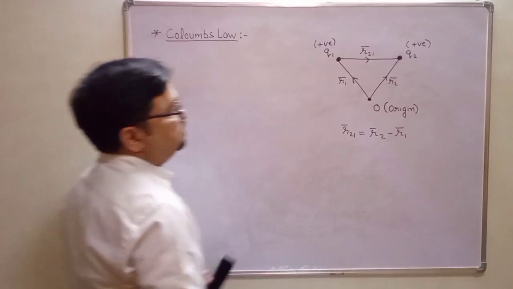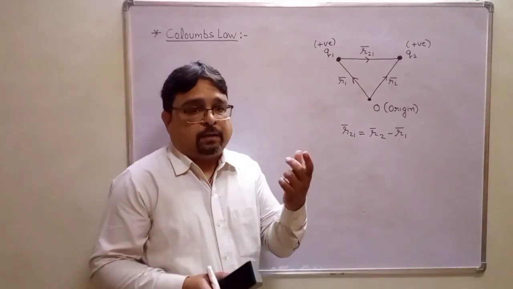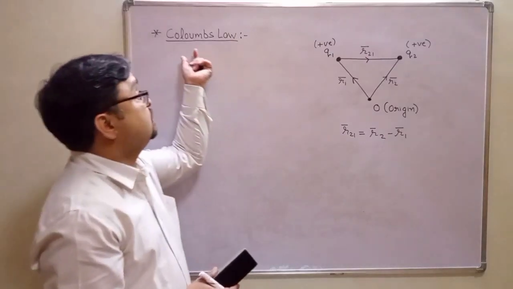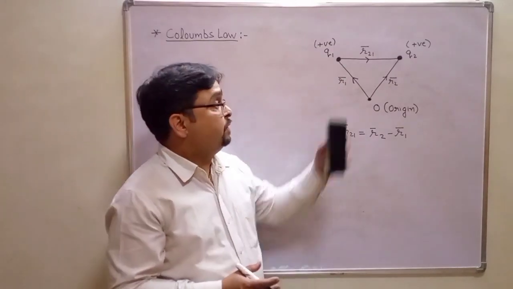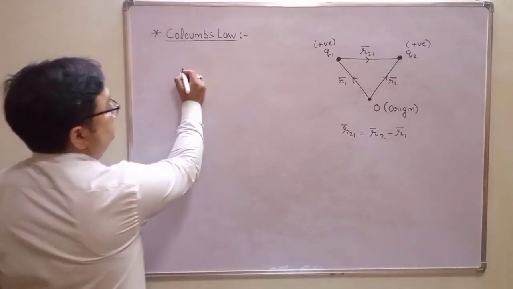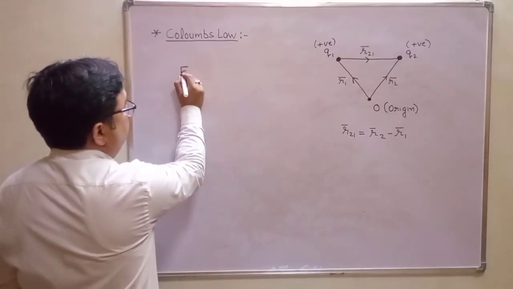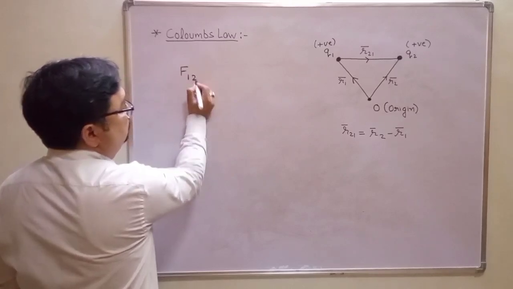of R1. Now we will see how to find the relation, the expression of Coulomb's force between these two charges. We want to find out the force in vector form. So let us start from force on 1 due to 2.